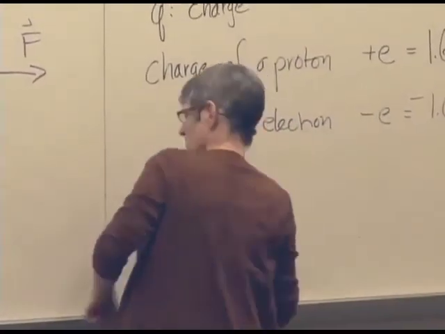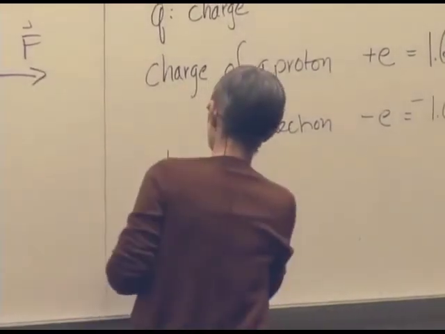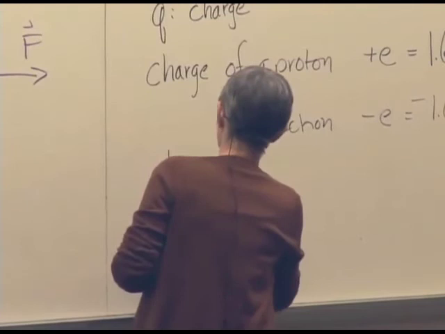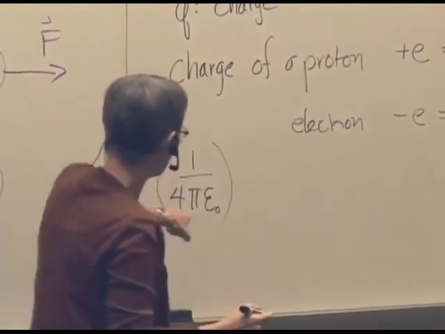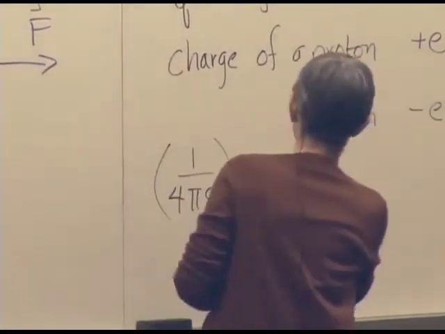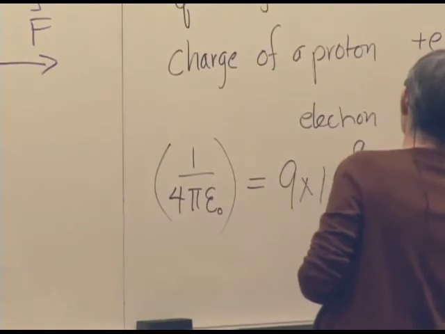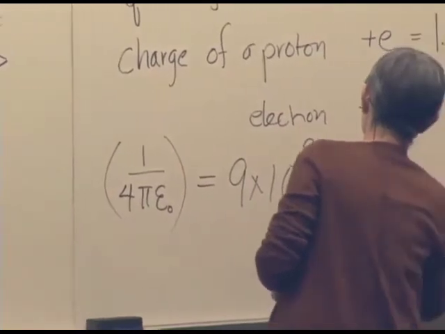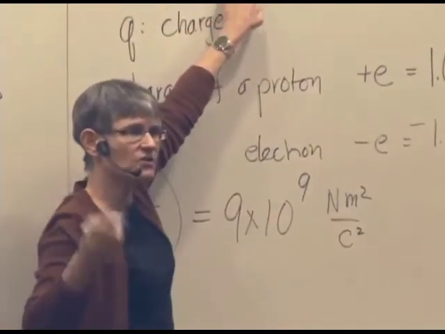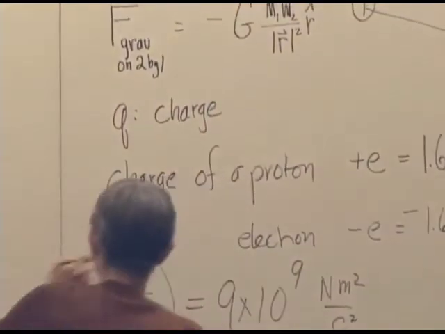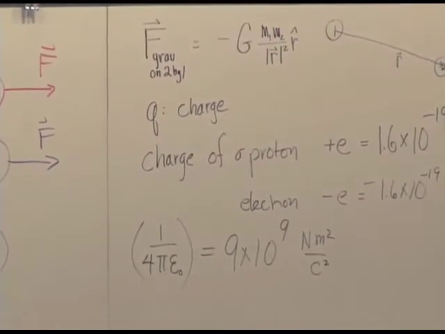It's a composite constant. There's a primitive constant epsilon 0, but the constant that goes in here is 1 over 4 pi epsilon 0, and the whole thing has the value 9 times 10 to the 9th Newton meters squared per Coulomb squared. Very similar. G has units of Newton meters squared per kilogram squared. So we have a 1 over 4 pi epsilon 0 here.